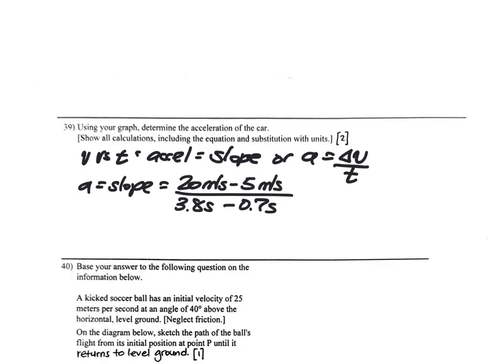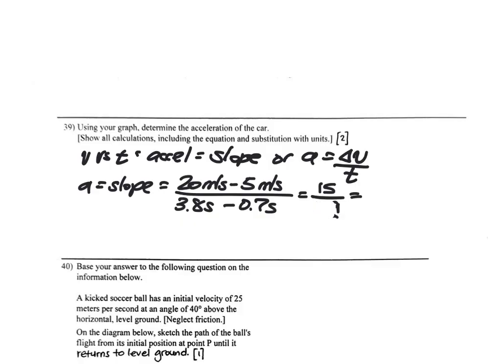I could even write delta v over t, or delta y over delta x, if I wanted to write that out. But I have 20 minus 5, that is 15, over 3.8 minus 0.7, which is going to be 3.1.